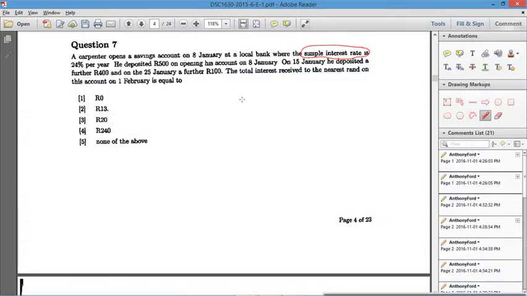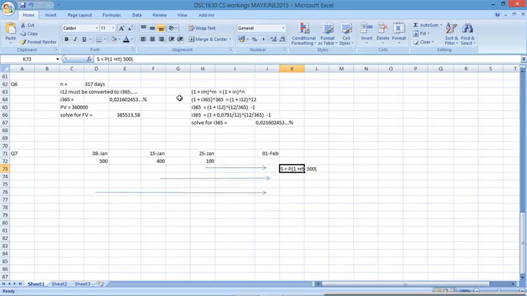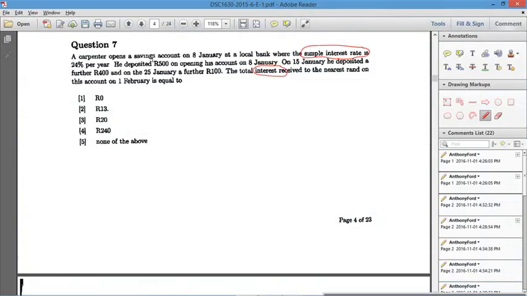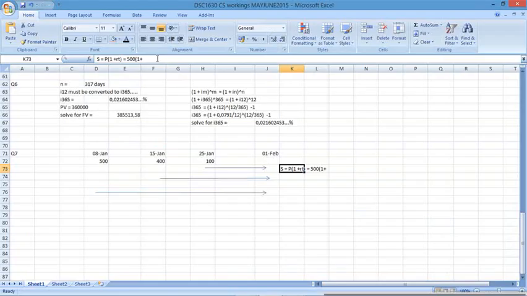Okay, and I'm looking for what? The total interest. So I don't need the principal, I just need the interest. So 1 plus, what is the rate here? 24%.